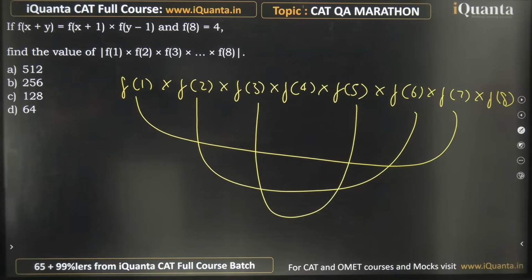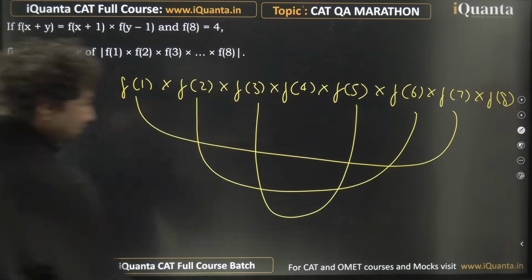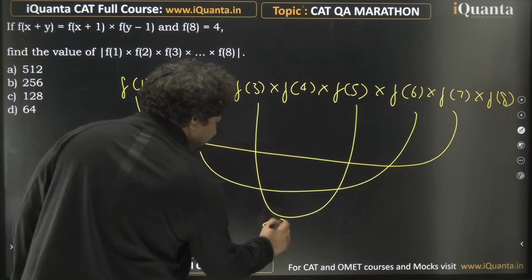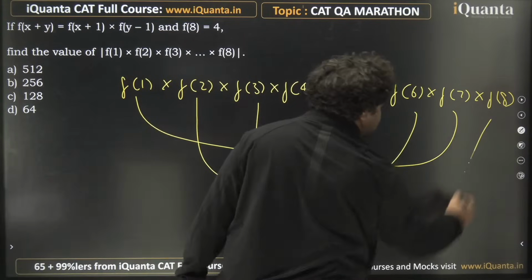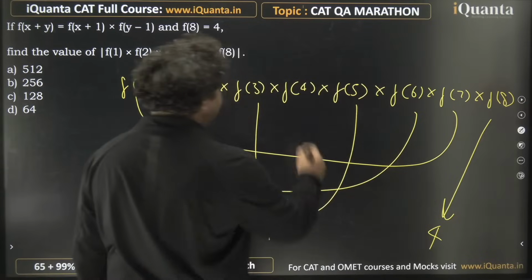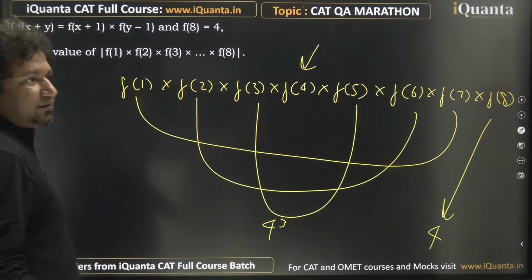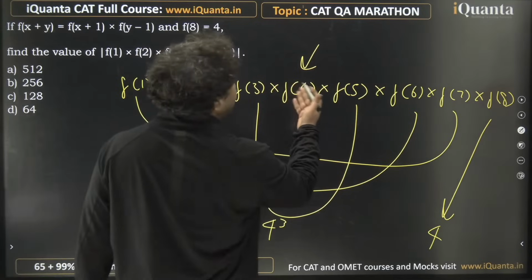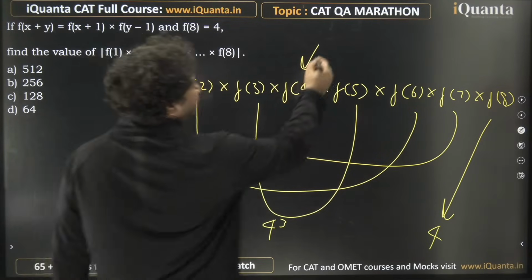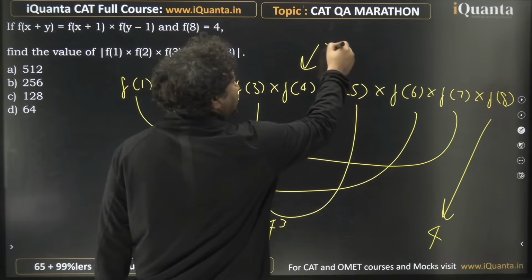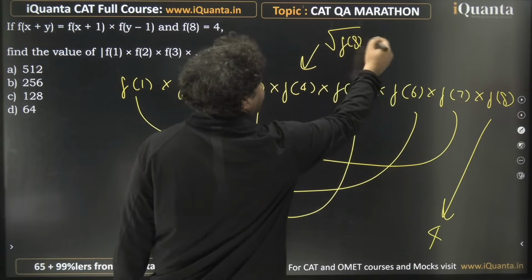The 3 such pairs are there, right? That is 4 cube. f8 itself is 4. And you saw that f4 multiplied by f4 was f8, isn't it? So this is basically the square root of f8, which makes it 2.